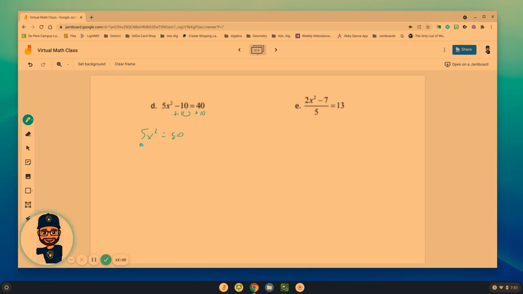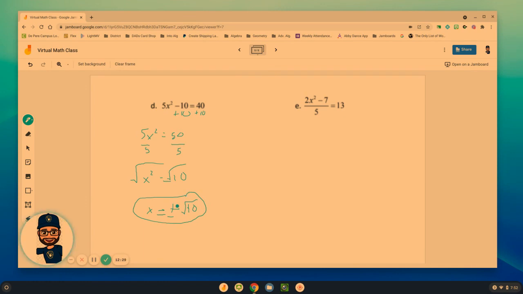Our next step, we need to get rid of the 5 by dividing, meaning x squared is 10. Now that we've isolated the x squared, we can certainly take the square root. I don't know the square root of 10, so I'm just going to leave it as that radical and put a plus minus sign out front to say x equals plus or minus the square root of 10.